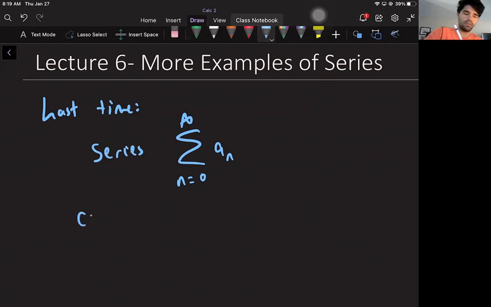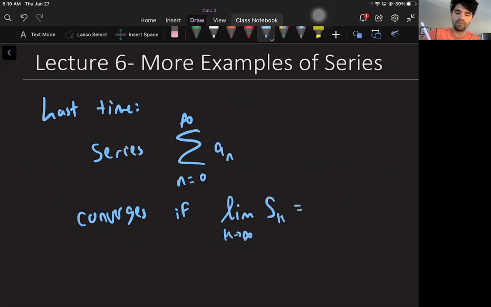So this thing converges if you take the limit of the partial sums and that just becomes a number.